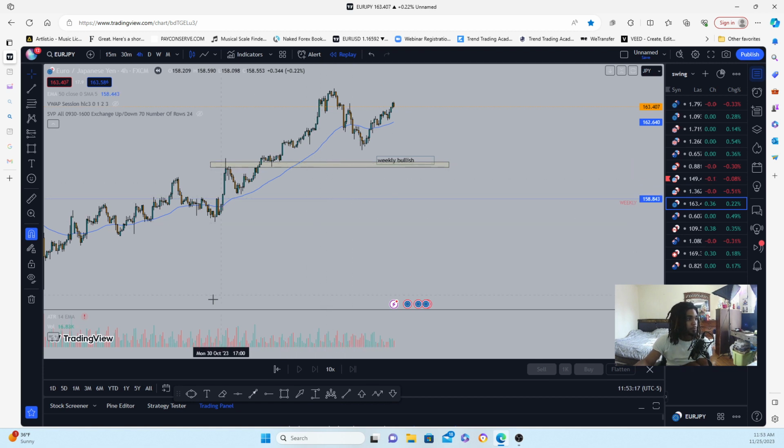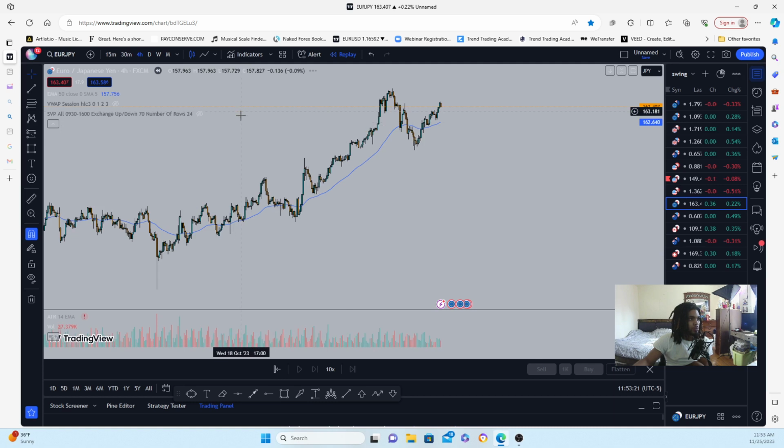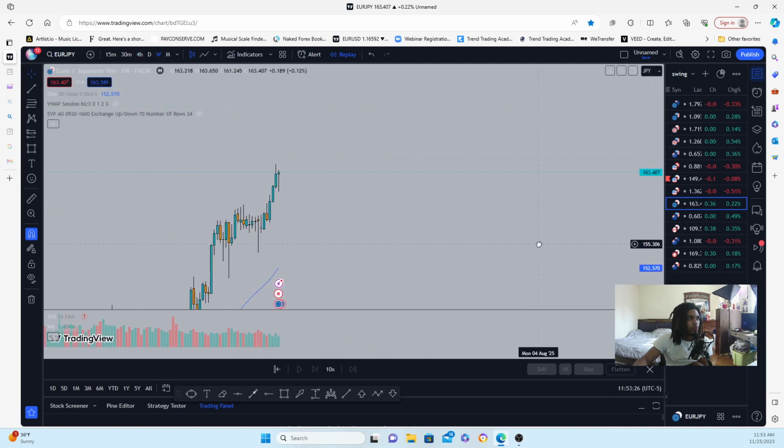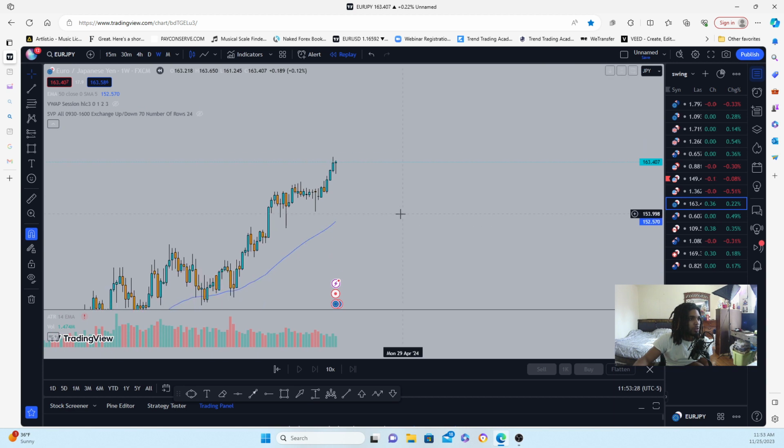EURJPY. These ones can be a little scary because it's already gone up so much, so it feels like time to sell. That's not always the case. I just want to trade with the trend, man.